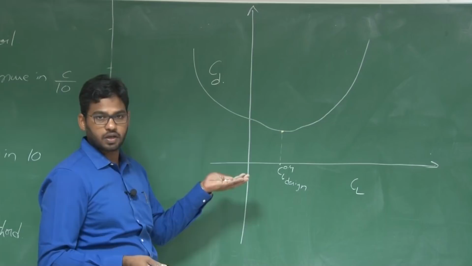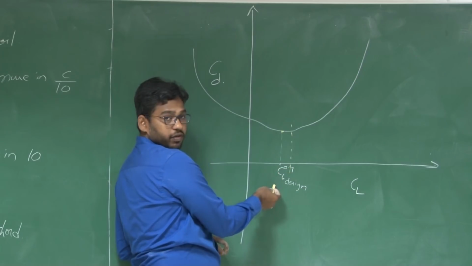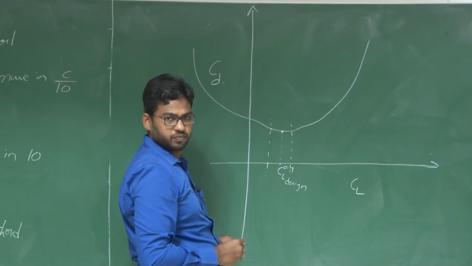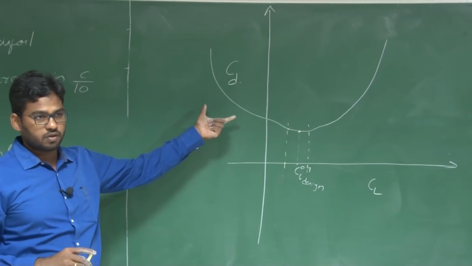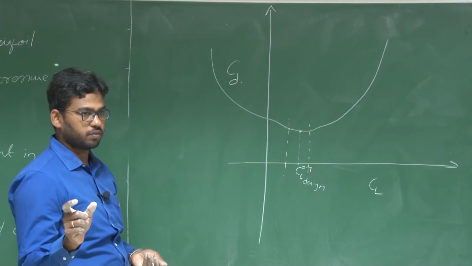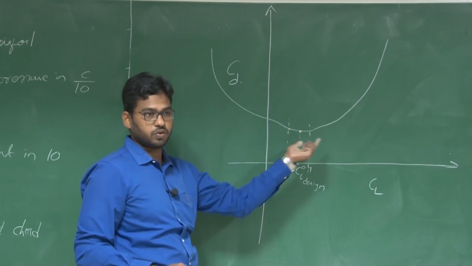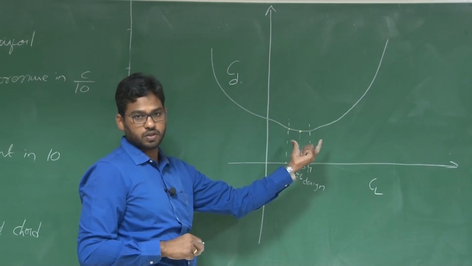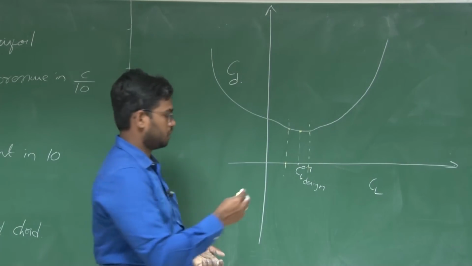So you need to trim at a bit higher or bit lower angle of attack to achieve the respective CL. But for this particular series of airfoil, even if you change your CL within a small vicinity of the design CL, the CD will remain almost constant. That particular regime, where the CD remains constant even as the CL or alpha changes, is known as the drag bucket.